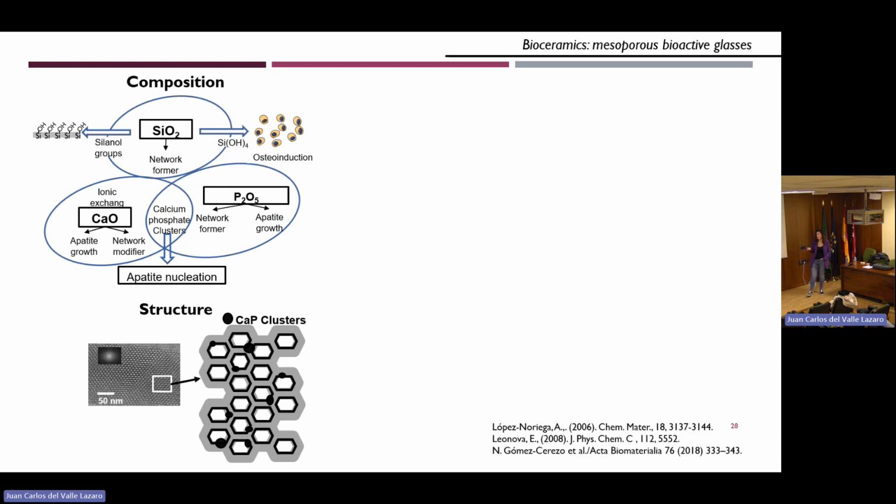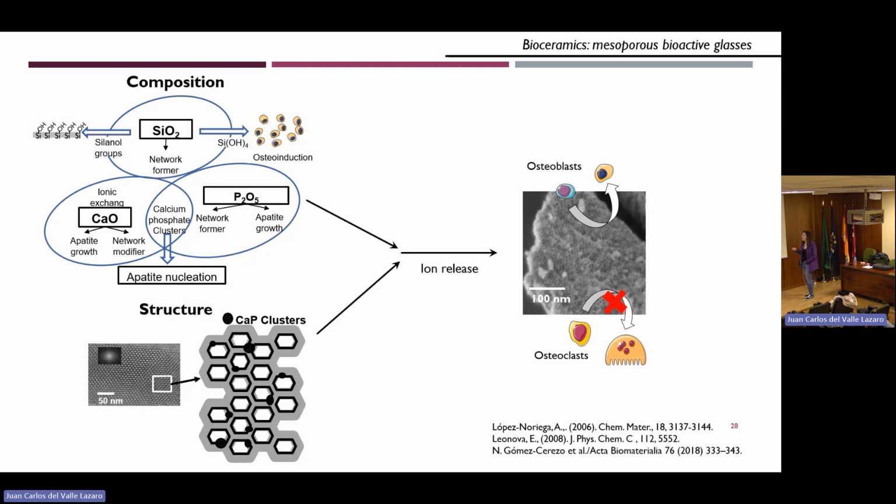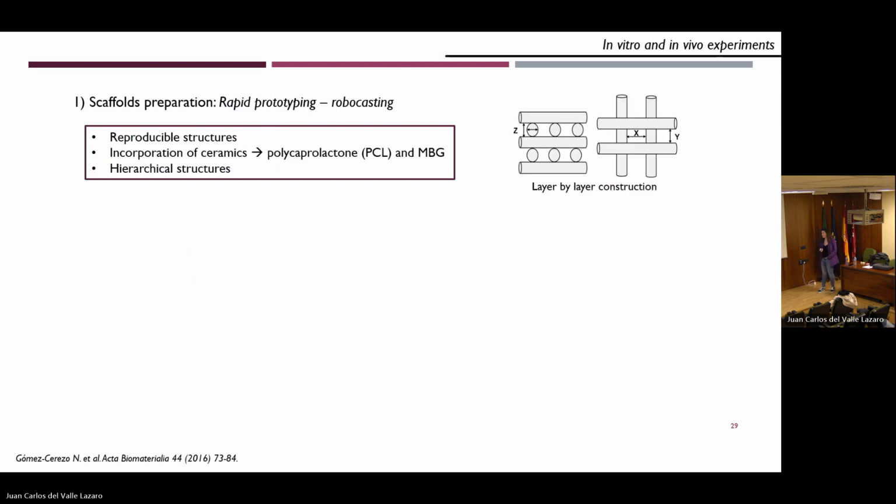We can control the mesoporosity of the material, and it is going to have a very high specific surface, which will allow a faster ion release with the media, and then we will be able to enhance osteoblast activity. In the case of osteoporosis, where osteoblast activity is decreased, this will be interesting in terms of bone regeneration, even in osteoporotic cases.